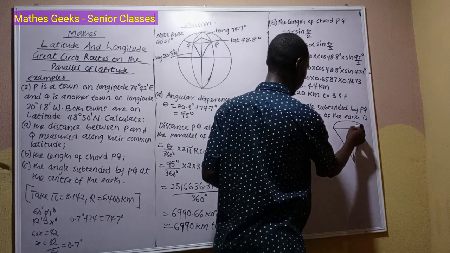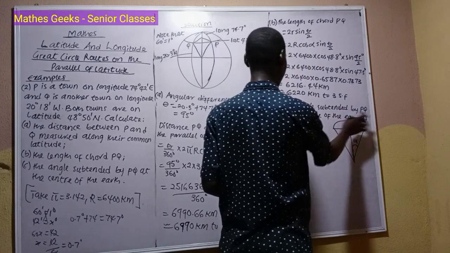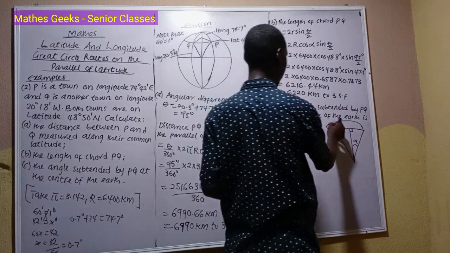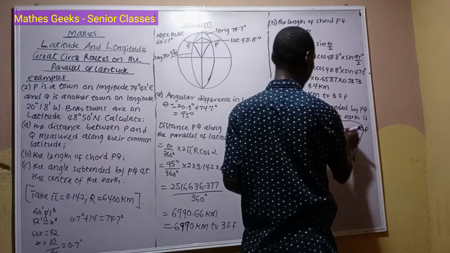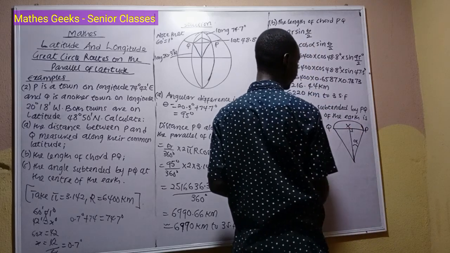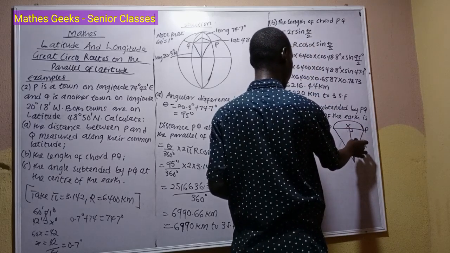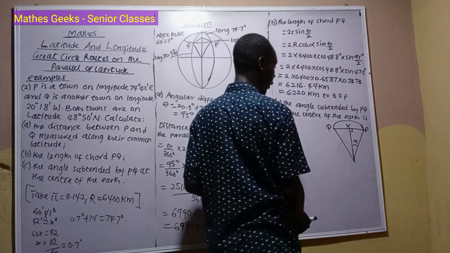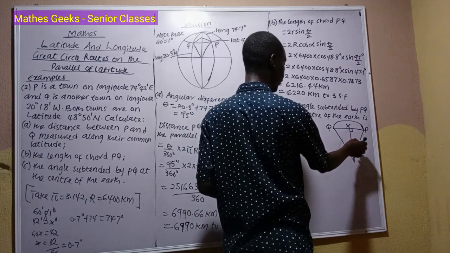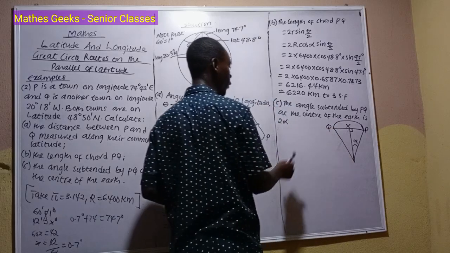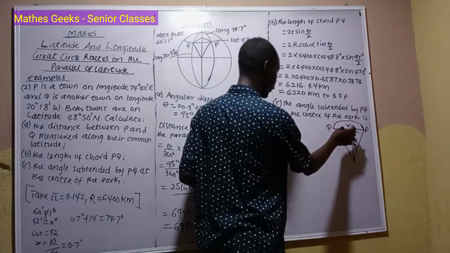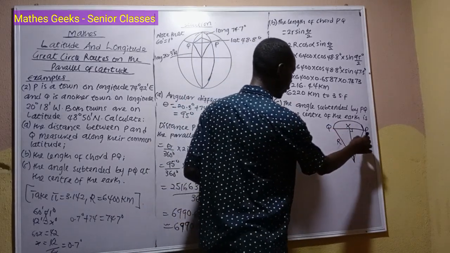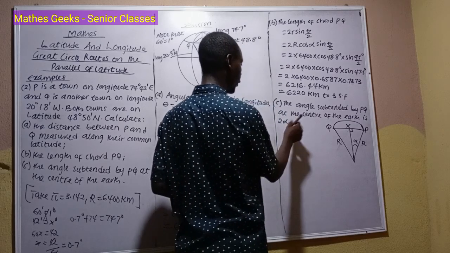Let's see this arc PQ. If from this line to the perpendicular height is alpha, therefore the angle subtended at the center will be 2 alpha, and here is the radius of the Earth.